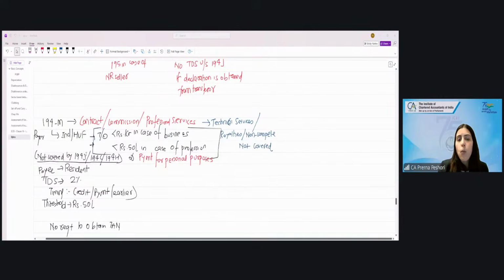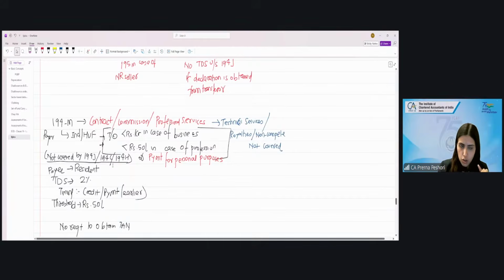Next is 194M. What is 194M? So if the payer is an individual or HUF and is not covered by 194J, C or H. Why will he not be covered by J, C or H?